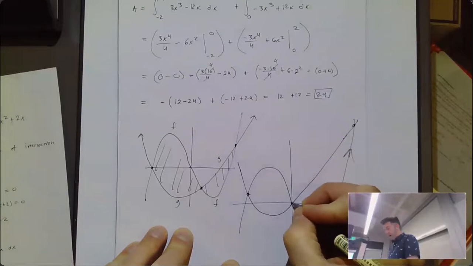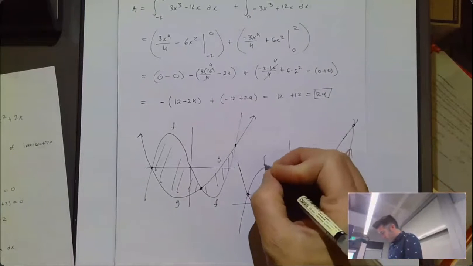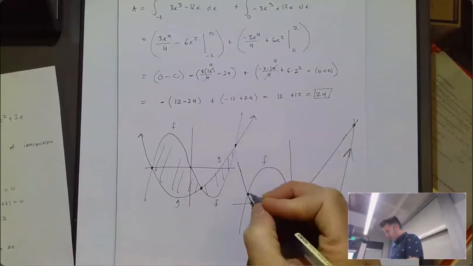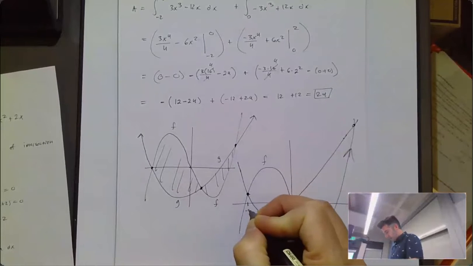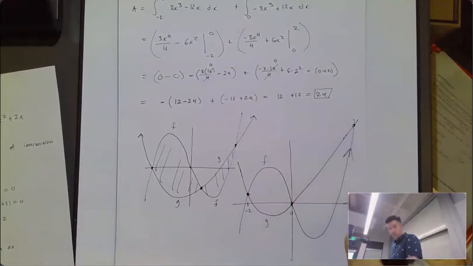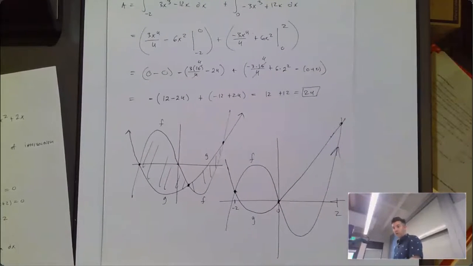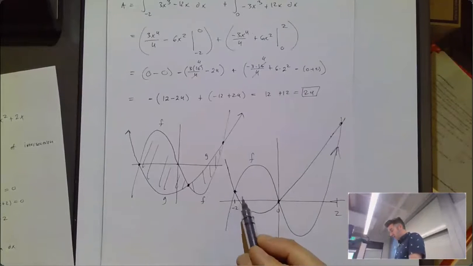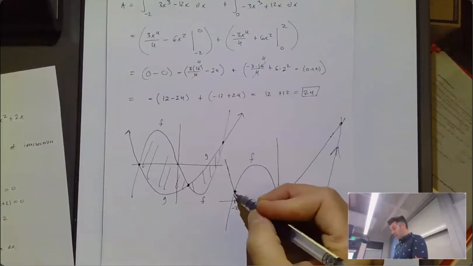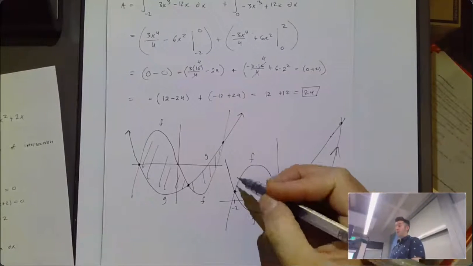I didn't draw it, and I didn't need to. But what I saw was that if this is my function f and this is my function g, they intersect when x is -2, when x is 0, and when x is +2. To tell which function is bigger between -2 and 0, since they only cross there and there, one of them always has to be on top and one on the bottom.